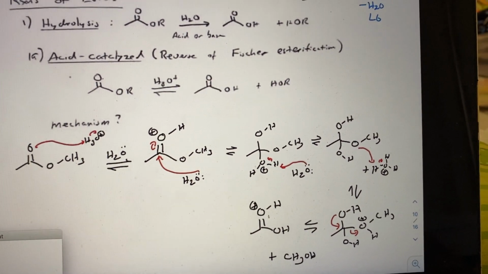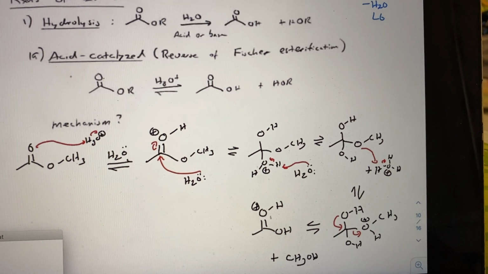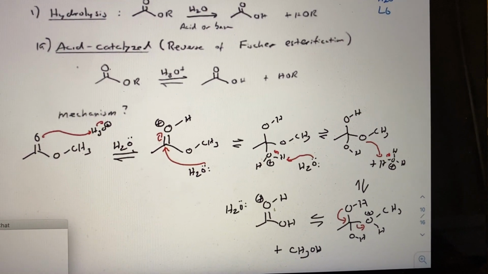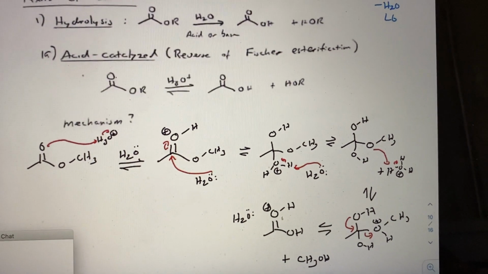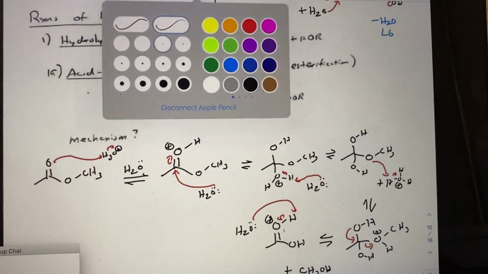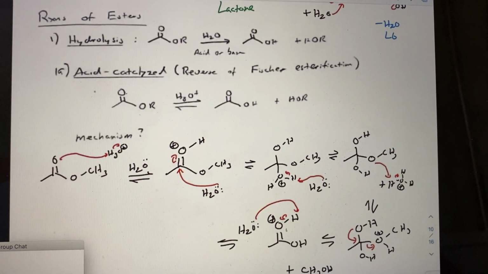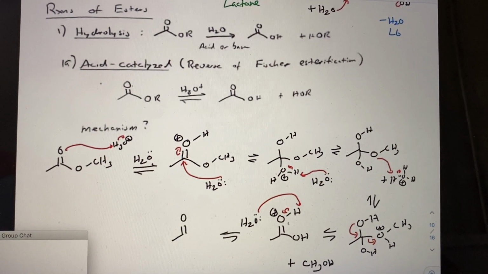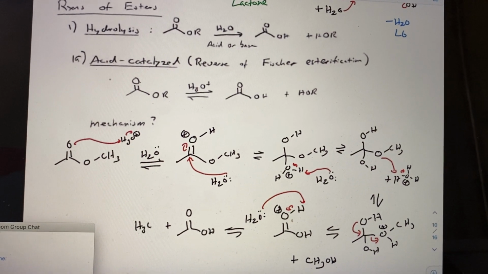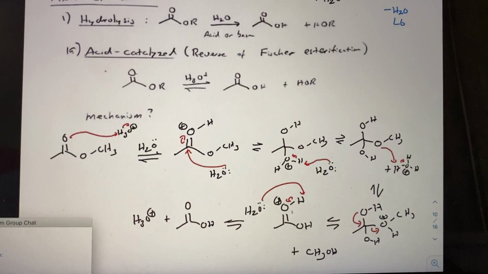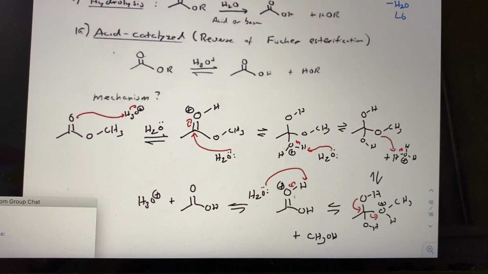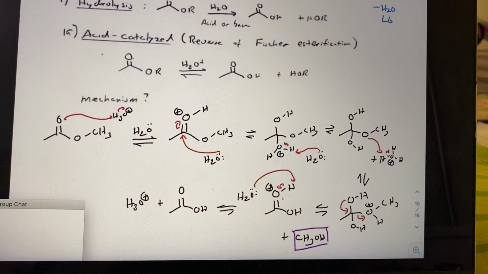We still have a positive formal charge. Now all we have to do is deprotonate to reform our carbonyl group. And we regenerated our acid. And then here we've lost plus methanol down here.